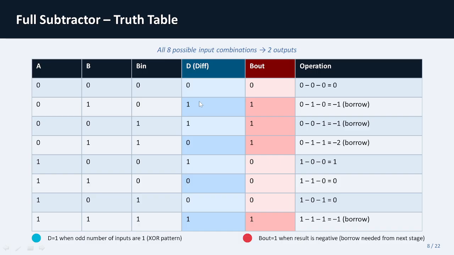So when your difference is getting here, here only, right? When are we getting the borrow out? There are four cases, right? These three and this one are the four cases where you are getting borrow out, and these two, this one, and this seven. At the seventh case, you are going to get a difference as one, right?